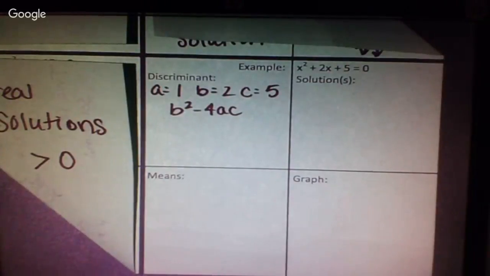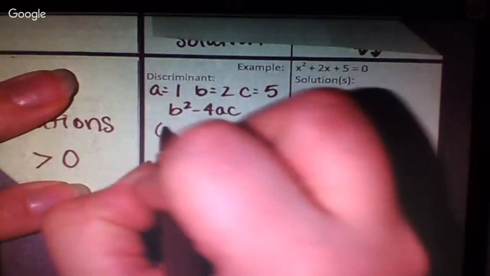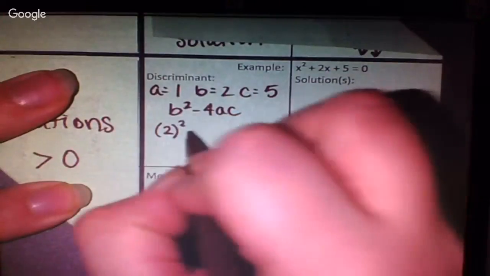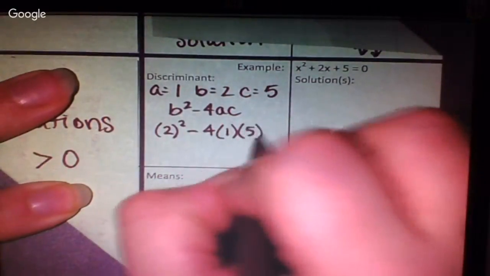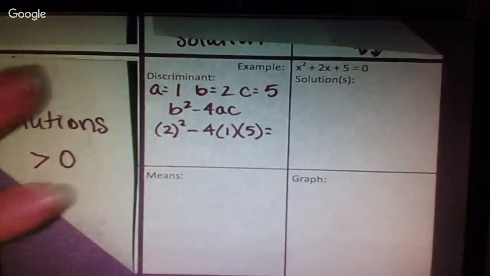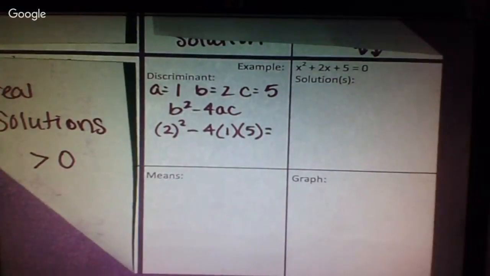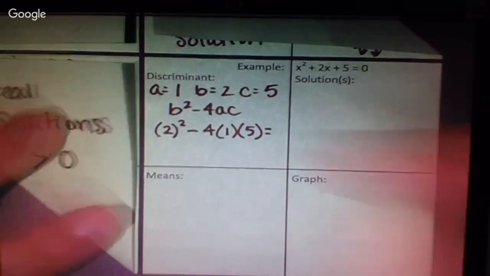So we plug it in here again. This time I replace B with 2, I replace A with a 1 and my C with a 5. It's negative 16.